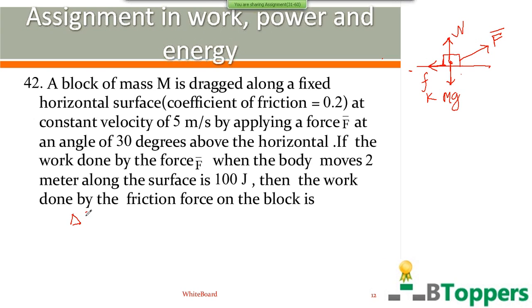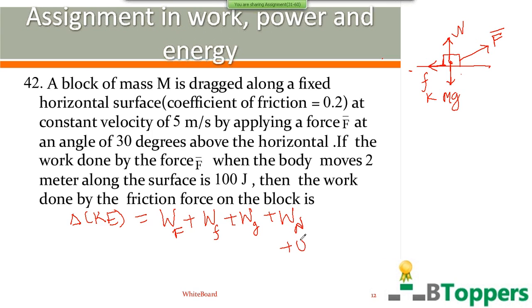According to the work energy theorem, the change in kinetic energy of the block when the block moves 2 meters along the surface is equal to the total work done by all the forces acting on the block. That is work done by the force F bar plus work done by the force of friction on the block plus work done by the gravitational force plus work done by the normal reaction. Here W subscript N represents work done by the normal reaction force on the block.